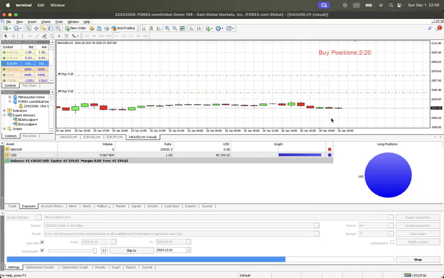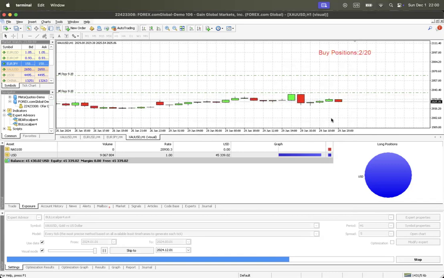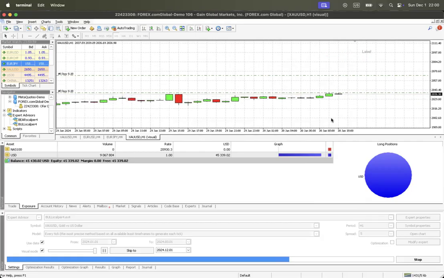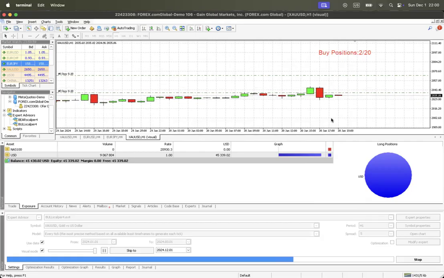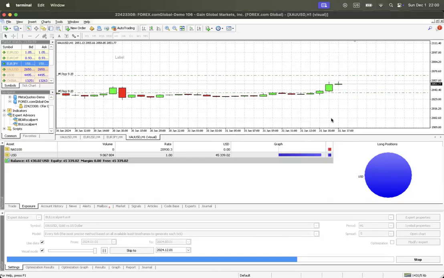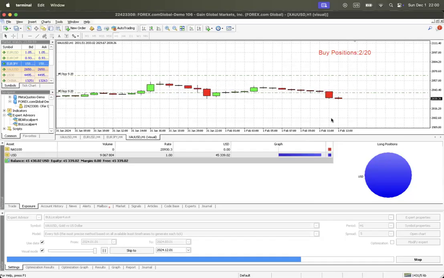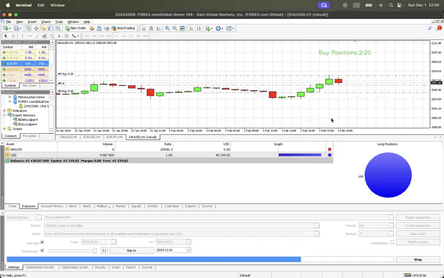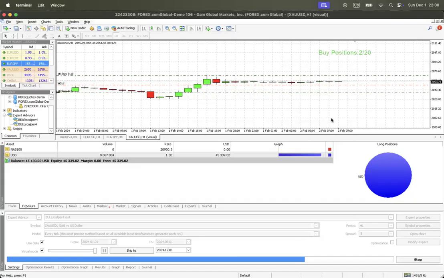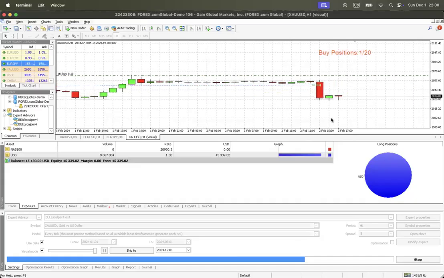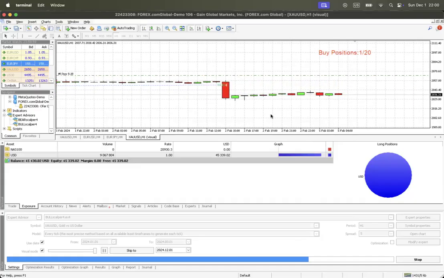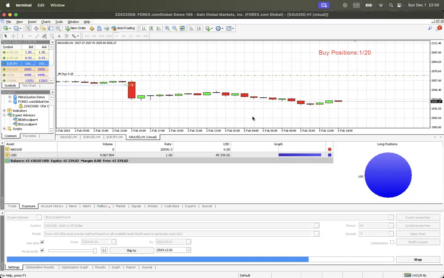Sometimes it's just a waiting game. Of course, you should do optimization or run on a demo account to have this feeling. So as you can see, it made 10 euros or something like that.